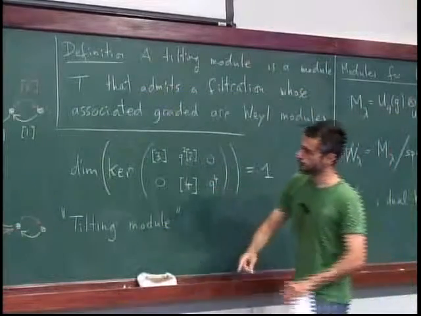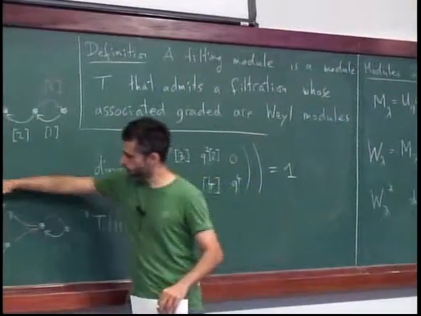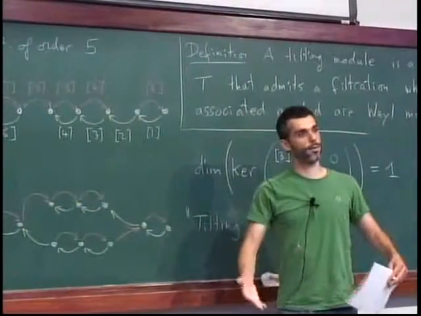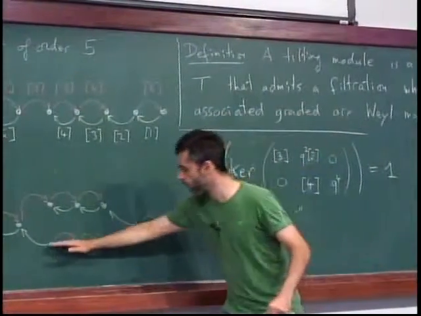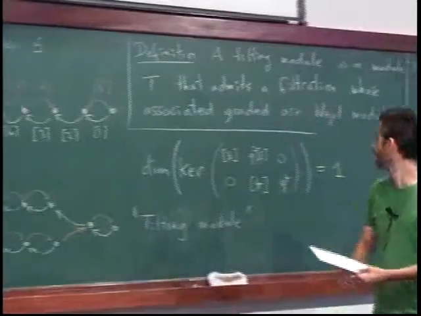So that's what we saw here. There's a submodule, which is the one on the top. That's a Weil module. And then there's the quotient, which is the one on the bottom. That's also a Weil module.